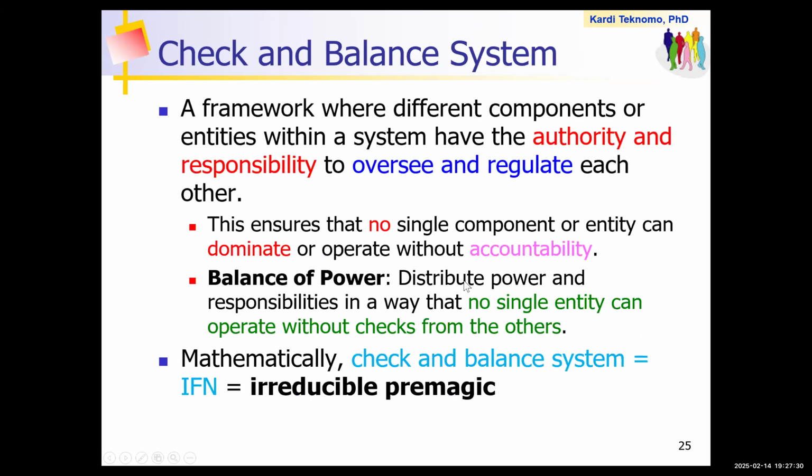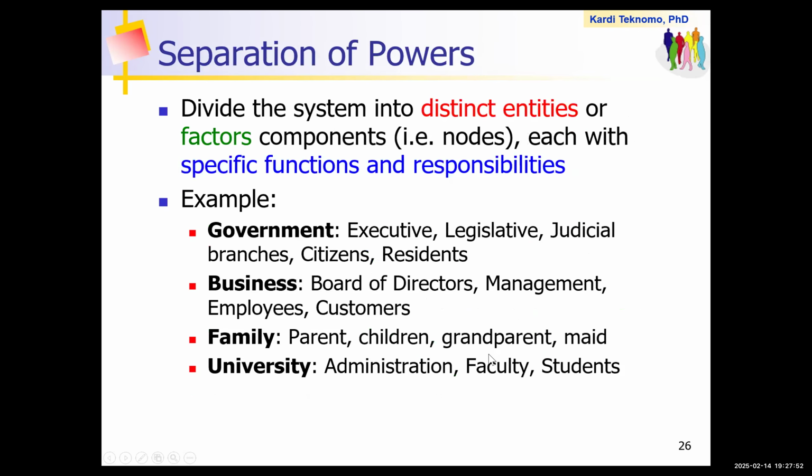Let me say this. If you want to model a check and balance system, where the authority and responsibilities are balanced, there is always accountability, a balance of power, then you need to use IFN. This is an example of separation of powers in government, in business, in families.